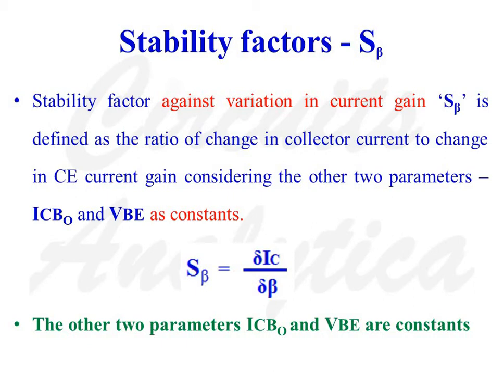So we will get S beta is equal to dou IC divided by dou beta, where the other two parameters ICBO and VBE are considered constants.